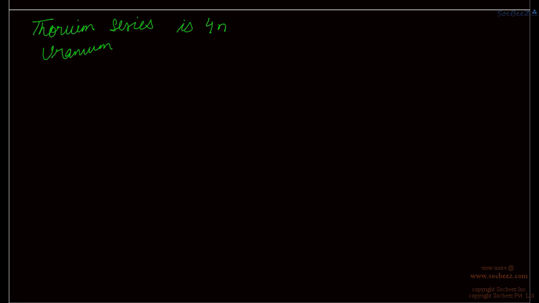The uranium series is 4n plus 2, and the actinium series is the 4n plus 3 series.